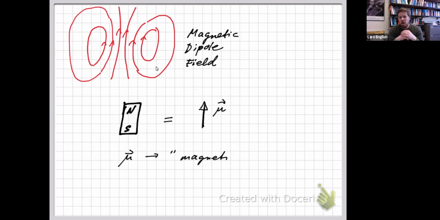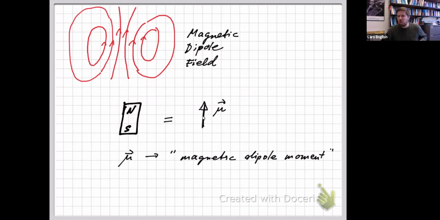And so we don't want to always draw a little bar magnet. More simply, we're going to call that a dipole moment and give it the symbol mu. So mu with a vector symbol on top will stand for the magnetic dipole moment. A mu that's pointing up would produce a field like this.